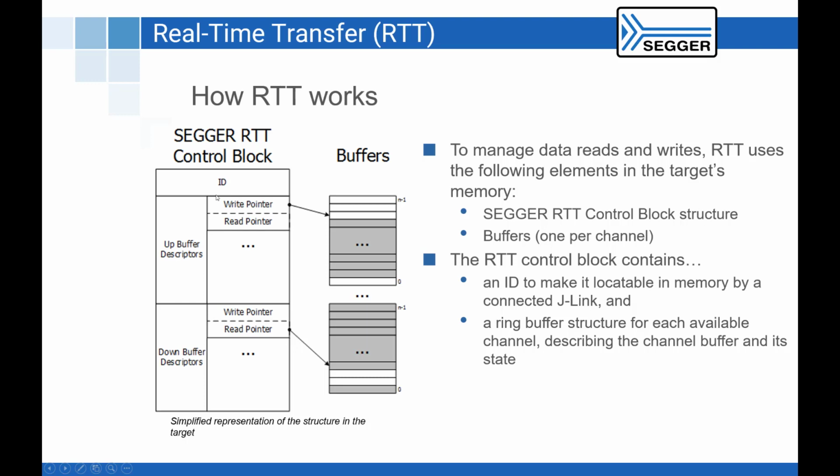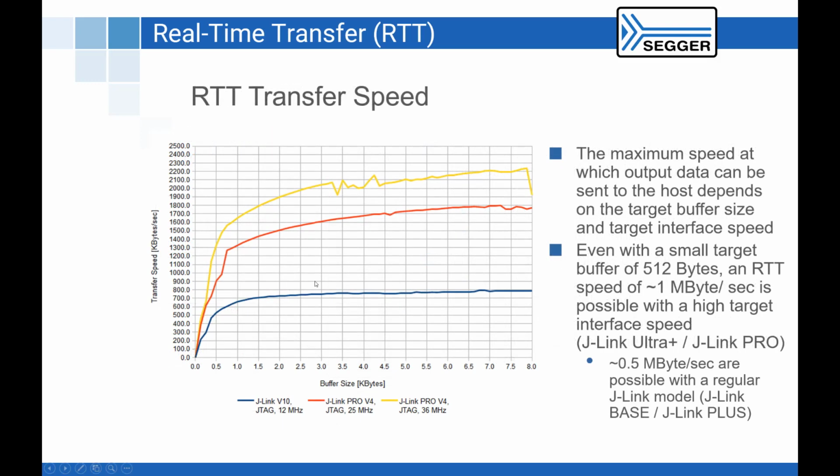So J-Link can find that control block in memory, and then also a ring buffer structure for each available channel, and that describes the channel buffer and what state it's in.